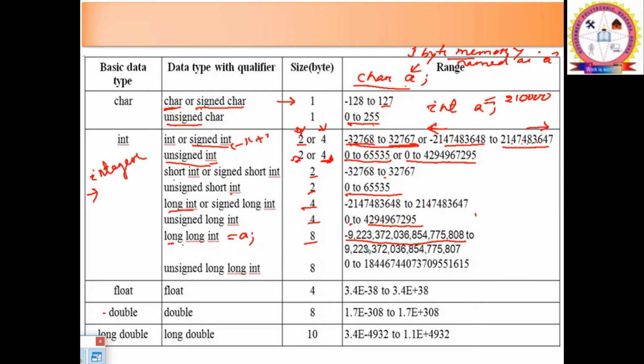This is for negative and positive numbers, and if you still need a larger number, then you define it as unsigned long long. But unsigned means only positive numbers, 0 to positive. So whenever you use the unsigned sign qualifier, that variable can hold only positive numbers, 0 to the maximum positive range.